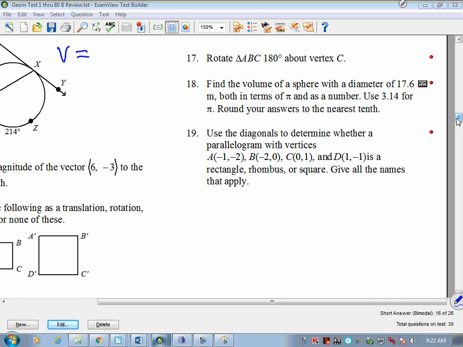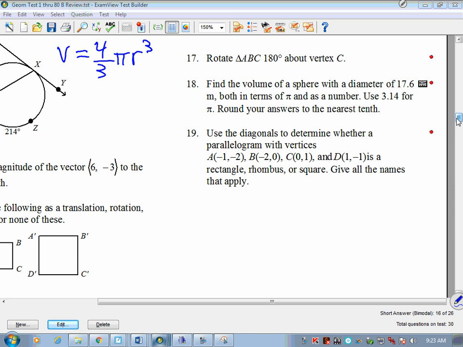How embarrassing for you, because I know it. Where would I find it if I didn't know it? I could Google it. Okay, 4/3. I heard that much. Pi r to the third.